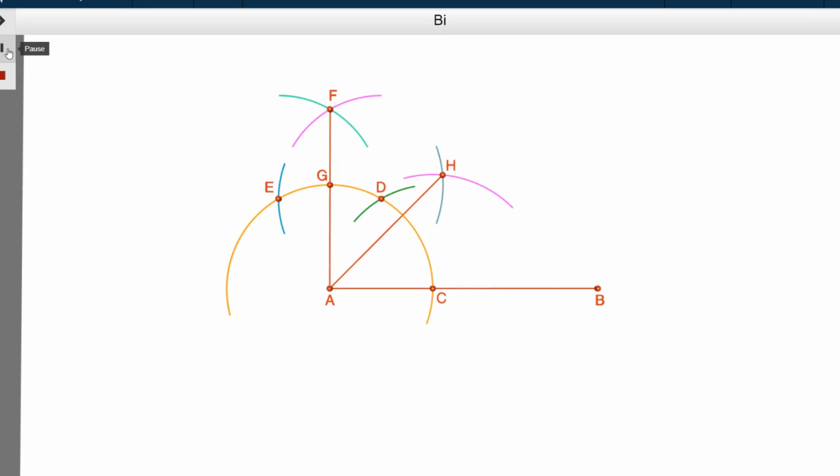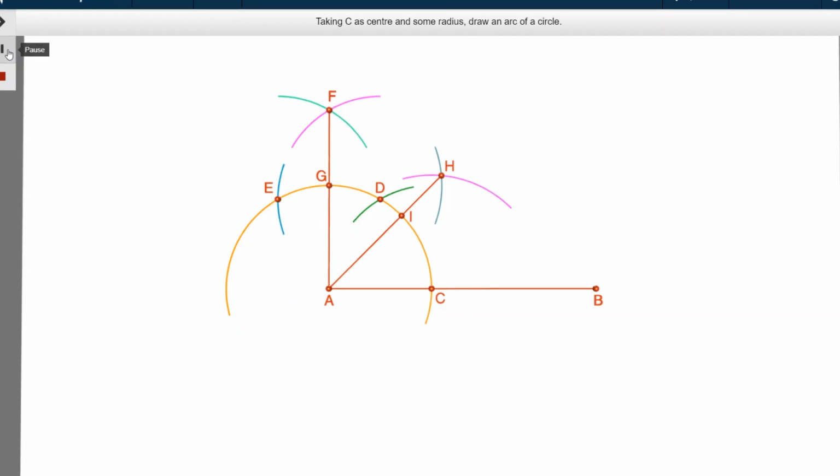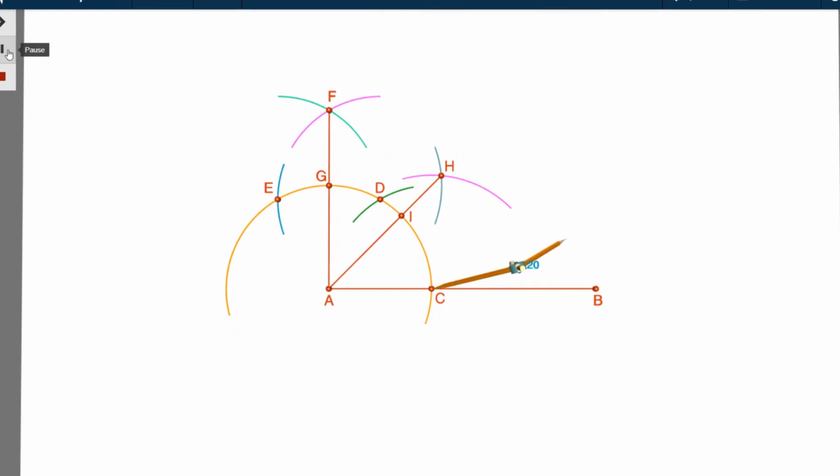To find 22.5 degrees, we have to bisect angle HAB. So mark the intersection of the first arc and the line AH as I. Now our aim is to bisect arc IC. With center C and any radius, draw an arc.